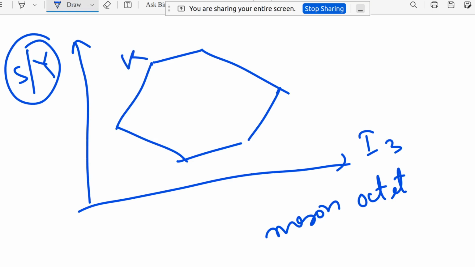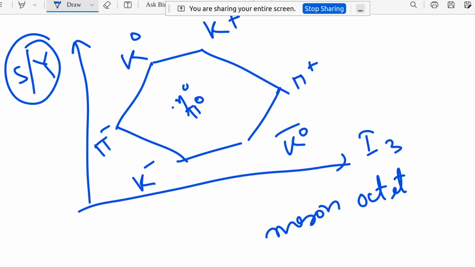Now here K0, K plus, K minus, K0 bar, pi minus, pi 0, pi plus, and here also eta 0. You can see that on that axis pi 0, pi plus, pi minus are not strange particles, so the value of this point is 0.